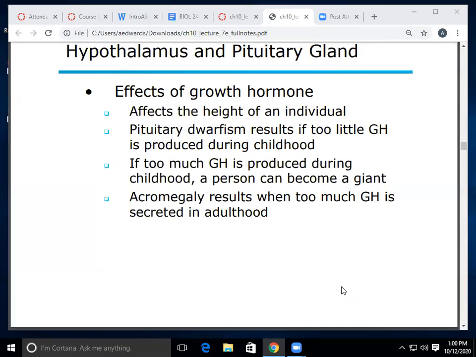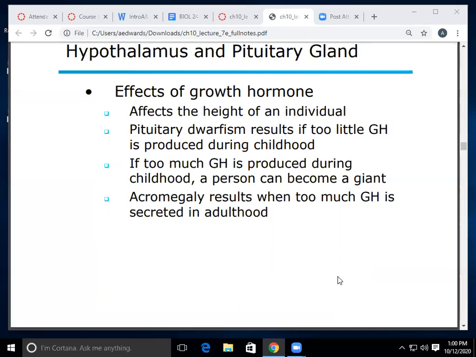Another medical condition is acromegaly. So that's when you get too much growth hormone secreted during adulthood. Okay, so it's a little different case of what's going to happen with growth hormone there. Remember we learned about bones.